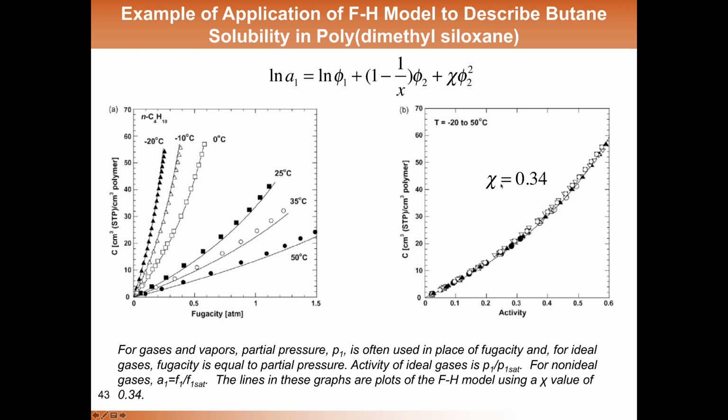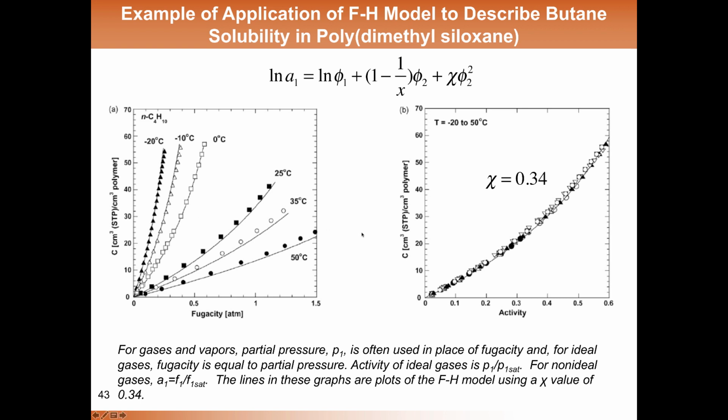It's absolutely remarkable. And remembering that the rate of transport, for example, of butane through polydimethyl siloxane depends upon the solubility of butane times the diffusion of butane, this is the way you can model solubility of gases in rubbery or flexible polymers using this Flory-Huggins model.